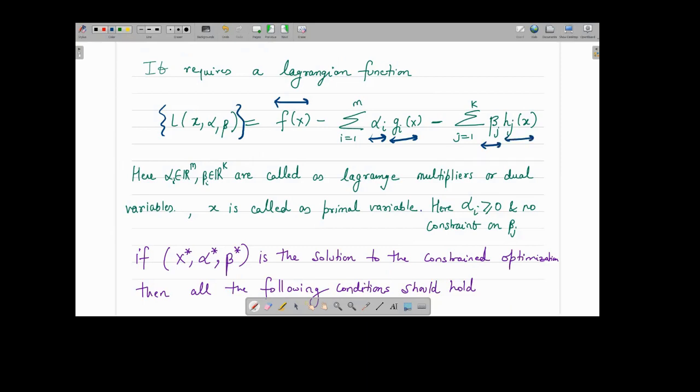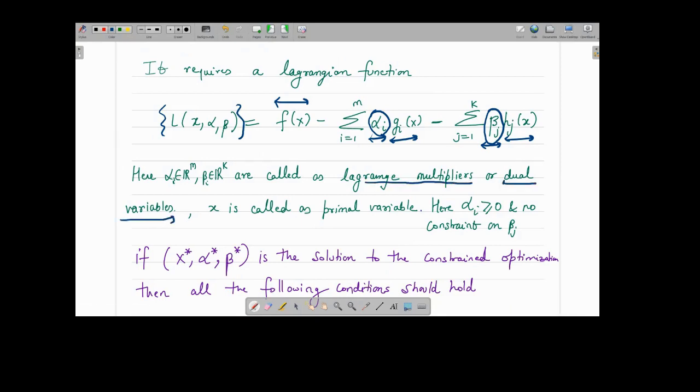So this is the typical way of forming the Lagrangian using the optimization problem which I had shown you in the last slide. Here your alpha_i's and beta_j's are called the Lagrange multipliers, or they are also called the dual variables.